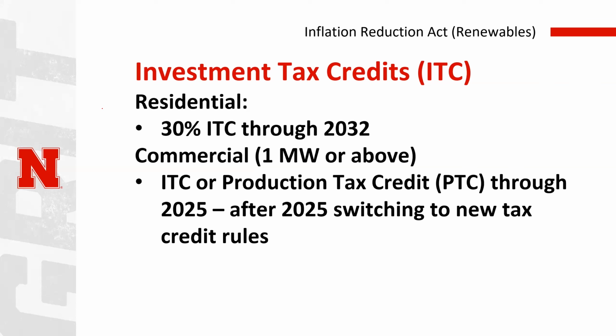The investment tax credit means I spend money on solar equipment, and I get 30% of that back as a tax credit. For commercial systems of 1 megawatt, or think about that as 7 acres of solar or bigger, they can use either the investment tax credit or a production tax credit. But for the small systems we're talking about today, we're only going to talk about the investment tax credit.